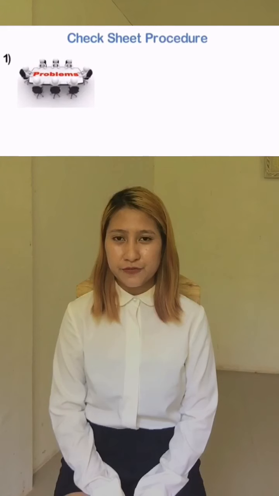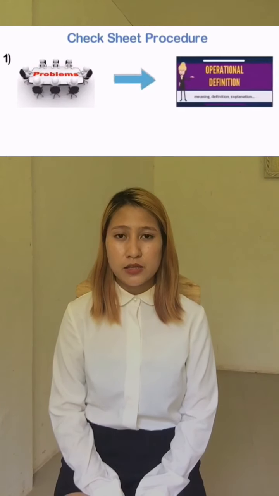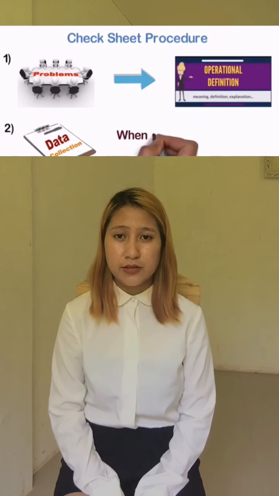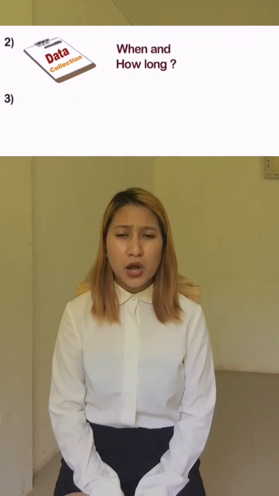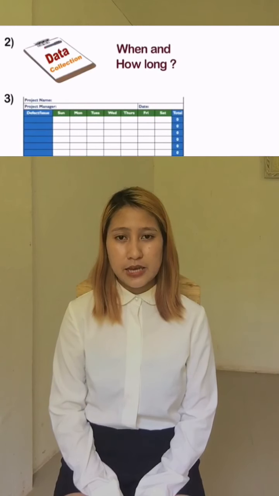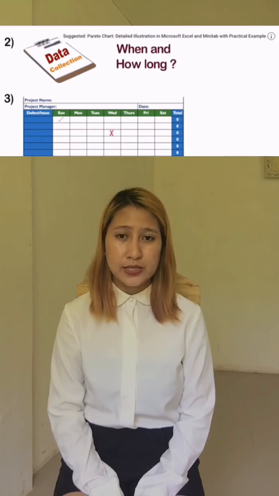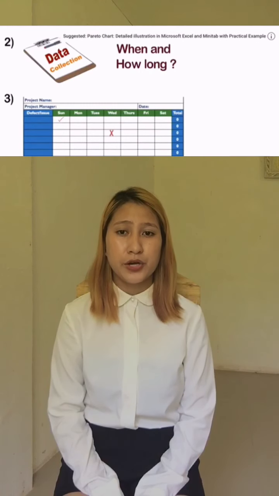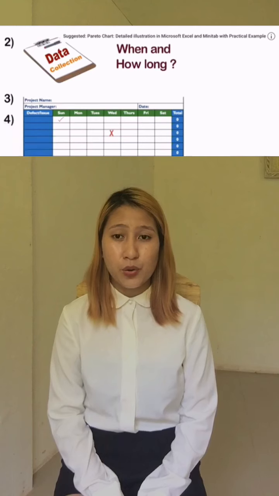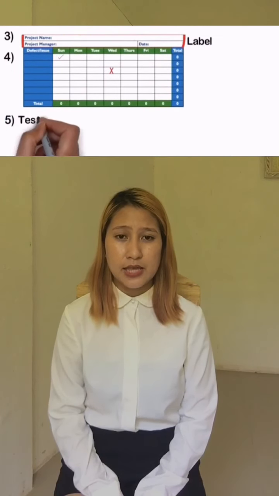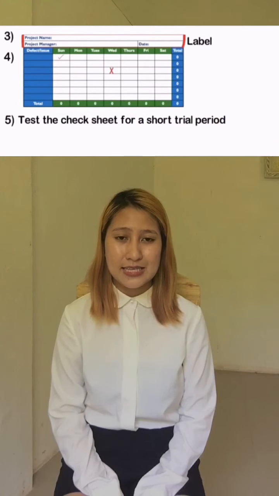Check sheet procedure. First, decide what event or problem will be observed. Develop operational definitions. Second, decide when data will be collected and for how long. Third, design the form. Set it up so that data can be recorded simply by making check marks or X's or similar symbols, and so that data do not have to be recopied for analysis.